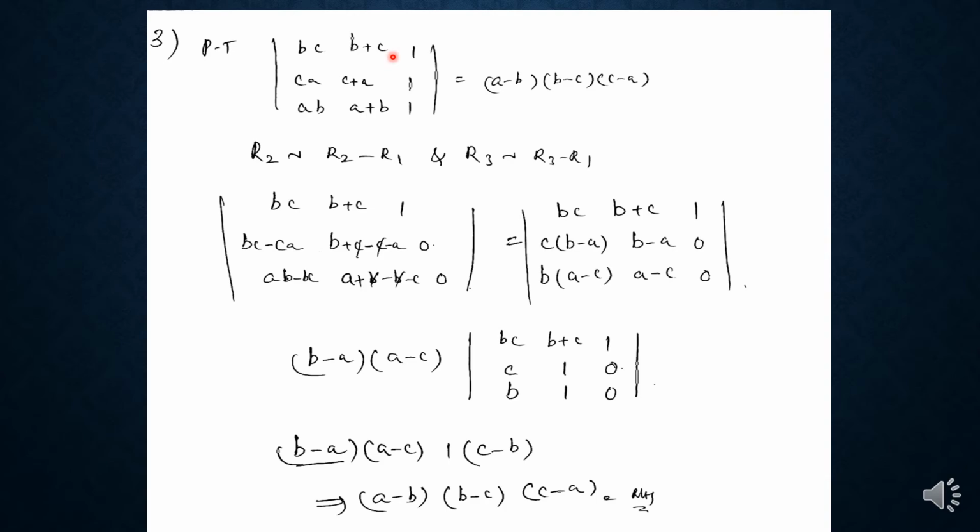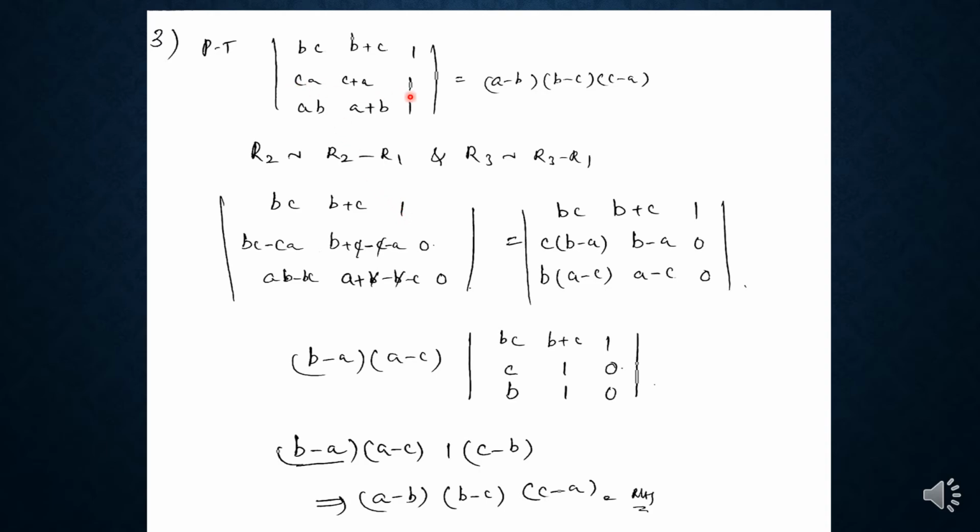R1, row 1, is constant, so R2 changes to R2 minus R1. By subtracting R1 from R2, this becomes 0. R1 is constant here, and also R3 changes to R3 minus R1. So the first row elements are BC, B plus C, 1.